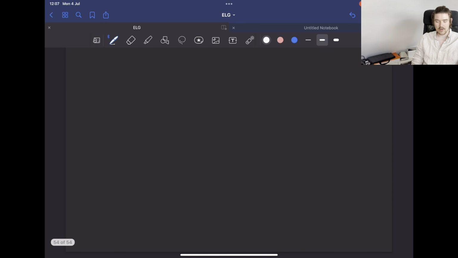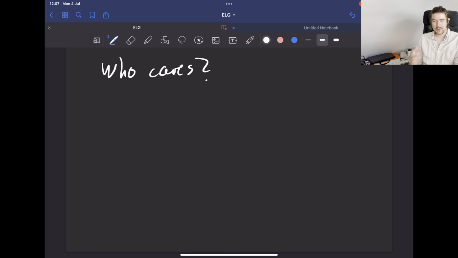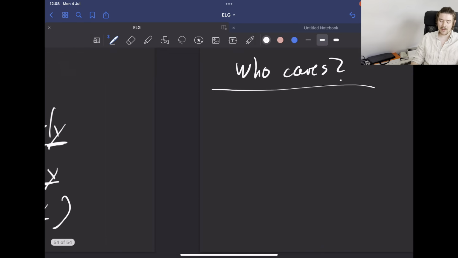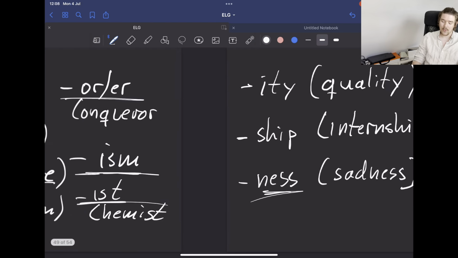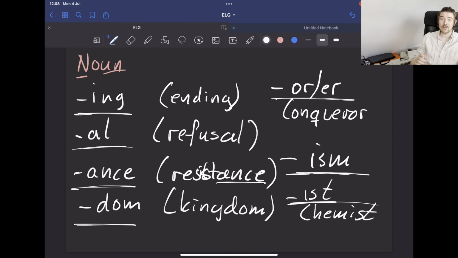Now, the $1,000,000 question is, who cares, right? Who cares? What are you ever going to use this for? I'll tell you that the reason most human languages have evolved into being morphemic systems is because remembering these morphemes is easier than remembering a million different tools.